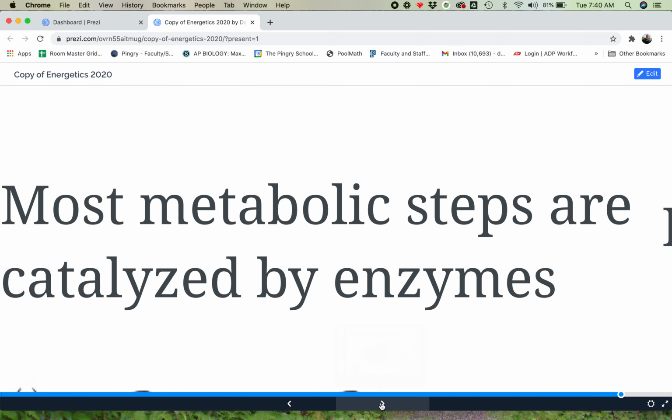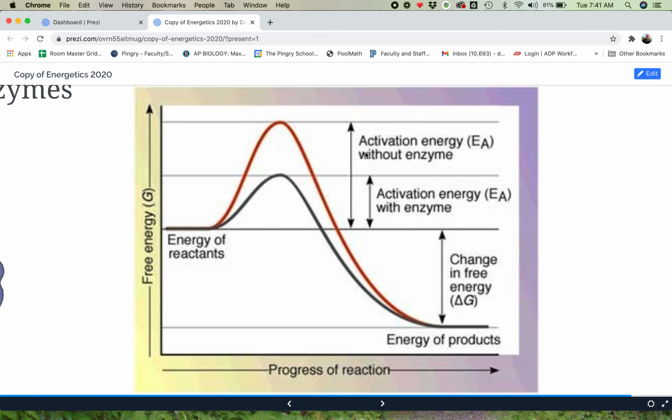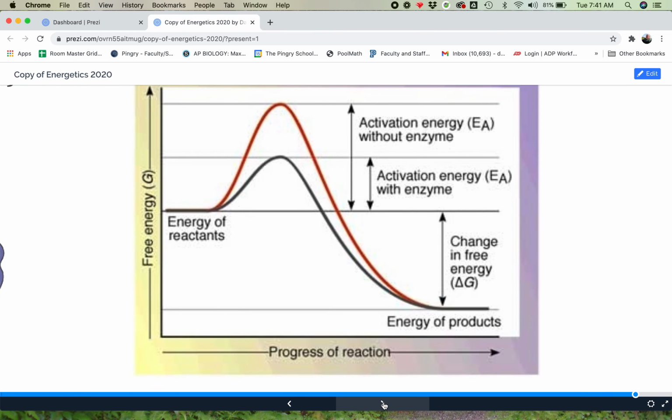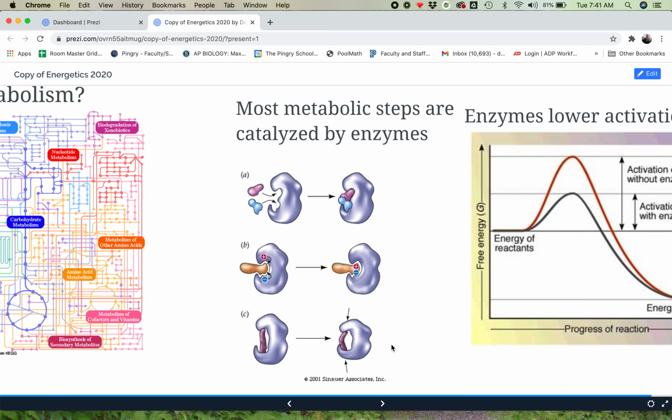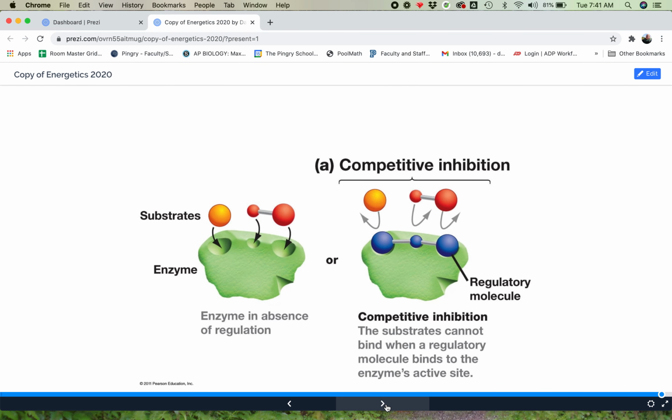Enzymes catalyze reactions by lowering their activation energy. And then we also talked about what the heck that means, and that there are three ways, really, that activation energy is lowered. It's not magic. It's actually chemical and mechanical things happening.